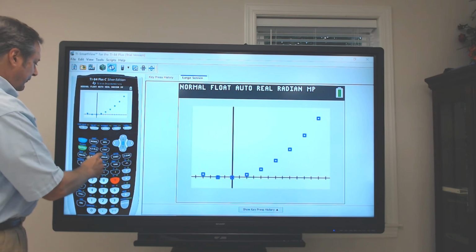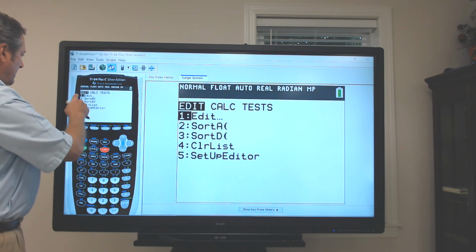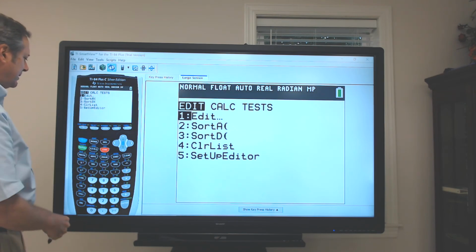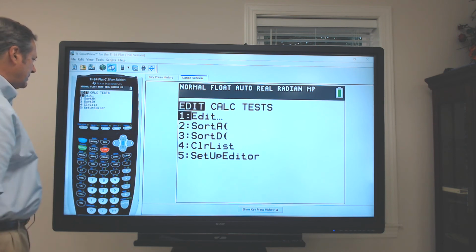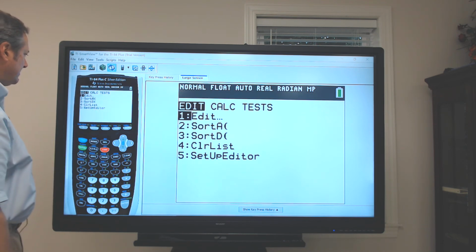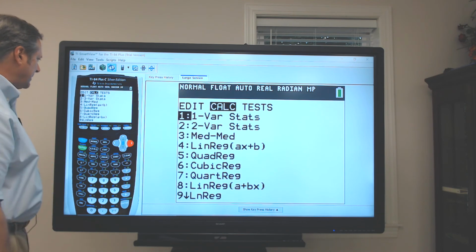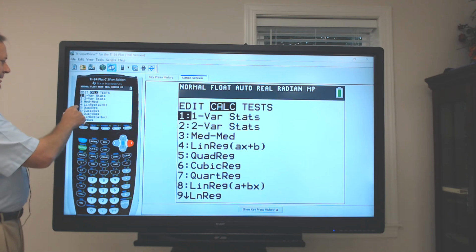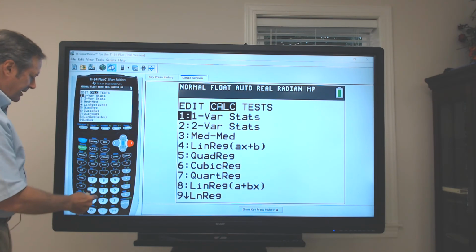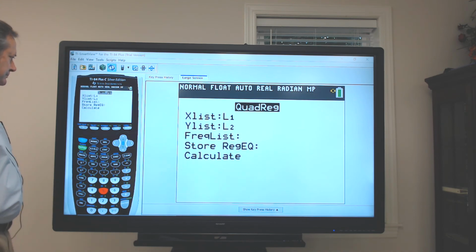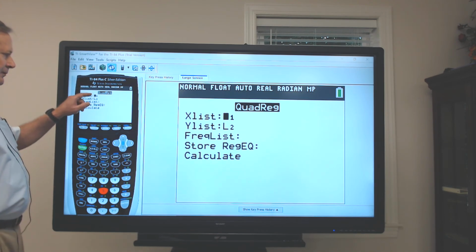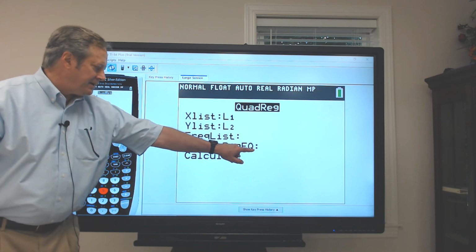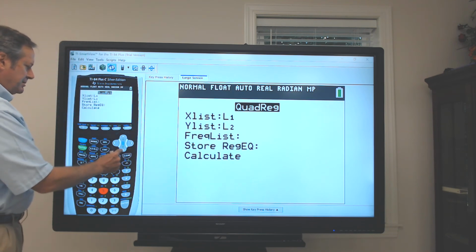We go back to Stat. No, over to Calculate. I was going to hit number 1, so let's go to Calc. All right, so I'll right arrow over to get there. And I'm going to select number 5, quadratic regression. Now I need to move the cursor down here to where it says Store Regression Equation.